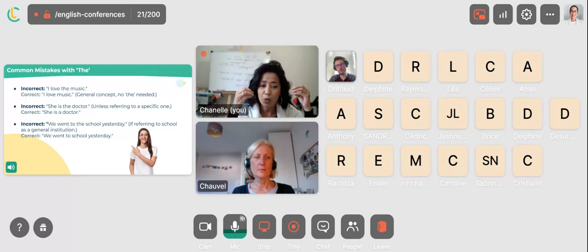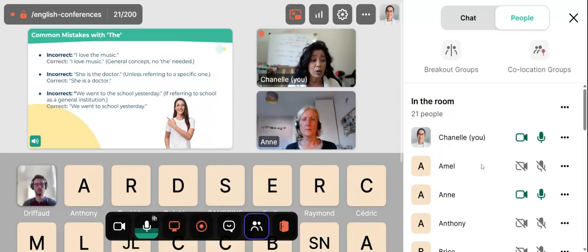In this situation, it is acceptable because you are referring specifically to the music you can hear. But if you are talking about music in general, so you meet someone and they say, what do you do for fun? Oh, I love music. Here it is less specific. You are talking about something in general.